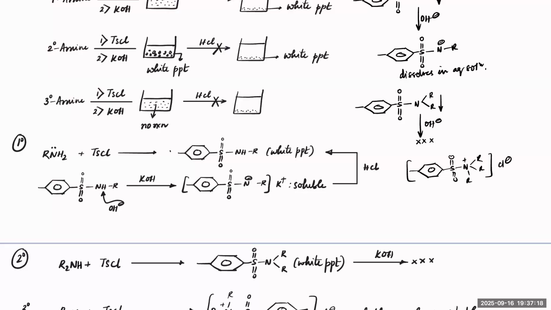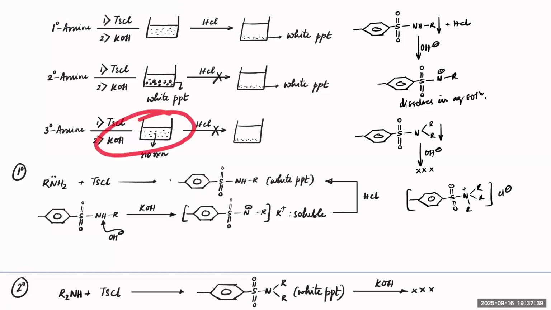This is the form 3 degree amine will exist in. It will never form a precipitate, so it will always be in a dissolved form. Since there is a dissolved form, that will be 3 degree amine.